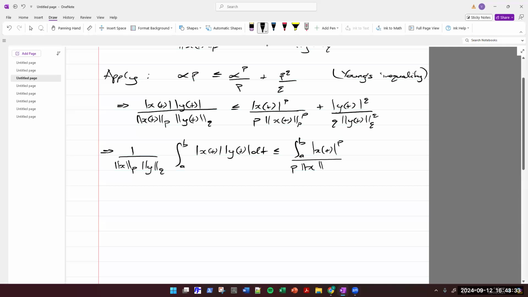So norm of x to the power of p plus integral a to b of y of t, dt. There's a q here divided by this number. Okay, that's the same thing as pulling the number to the front of the integral. It's the same thing as multiplying by 1 over that number.